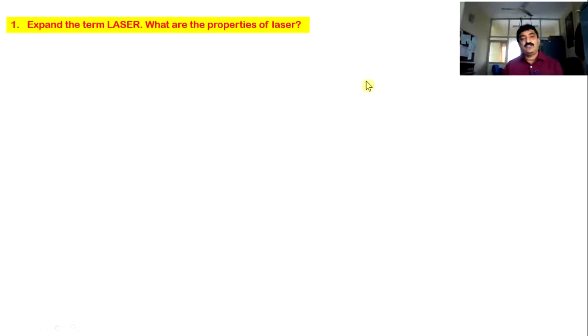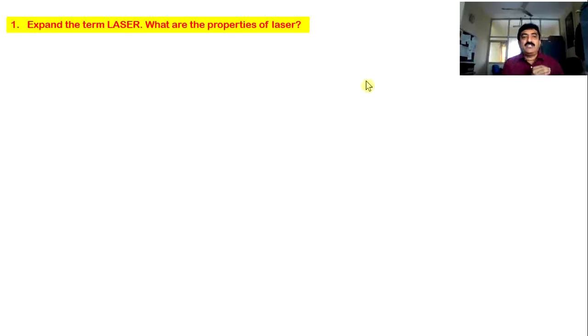See, laser is nothing but a highly intense beam. The concept of laser was given by Einstein way back in 1917, but nobody took it so seriously because of so many other major factors like radioactivity and other things, and also because of the two world wars, World War I and World War II.